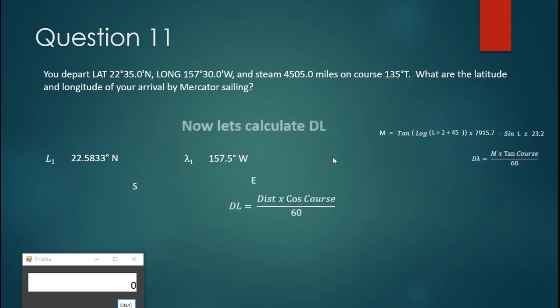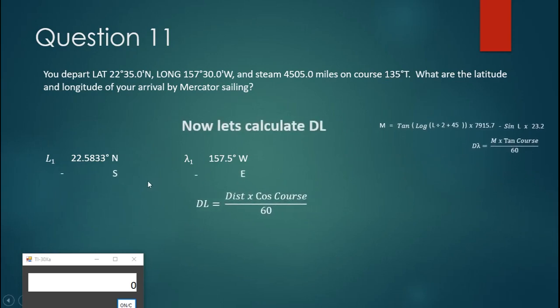And this lets us know that our correction, our difference in latitude and our difference in longitude, since our difference in latitude is going south and our L1 is north, we're going to subtract this correction. So go ahead and put your minus sign there, and we're going to the east, and our lambda 1 was west, so this correction will be subtracted. Had this been a northerly correction, we would have added the correction. Same thing with the longitude.